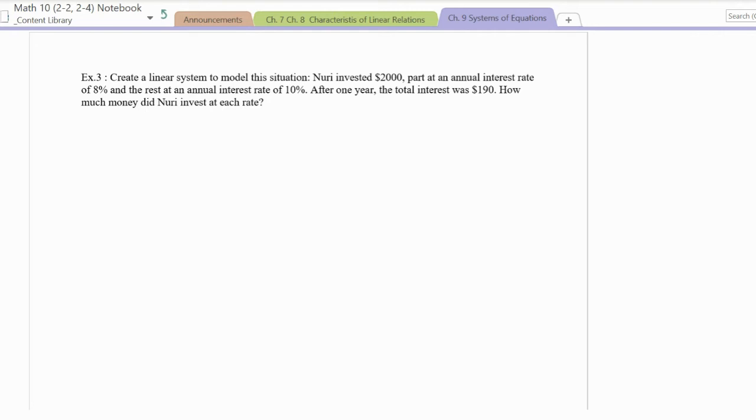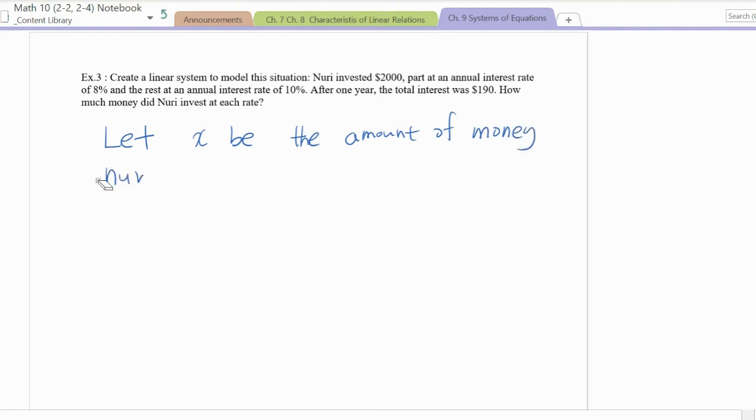Okay, so to solve the question, we have to define our variables. You always start this kind of question using a let statement. Let x be the amount of money Nuri invested at an annual rate of 8%.